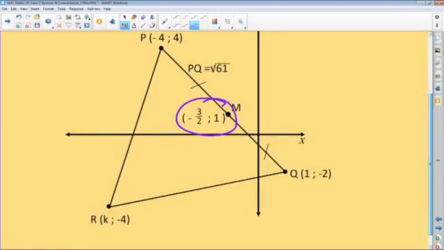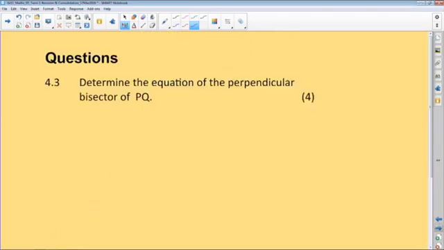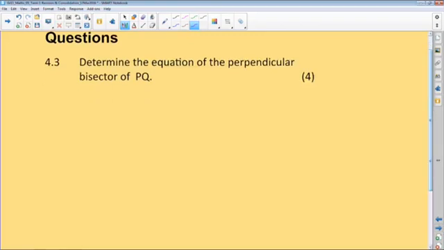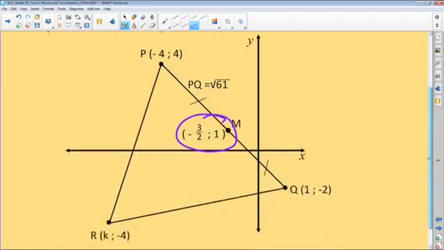All right, now let's look at the next problem. Determine the equation of the perpendicular bisector of PQ. We need to work out the equation of a perpendicular bisector, and it is 4 marks.